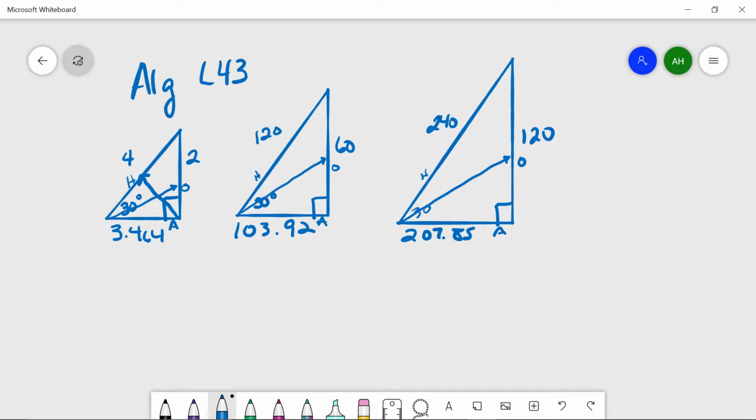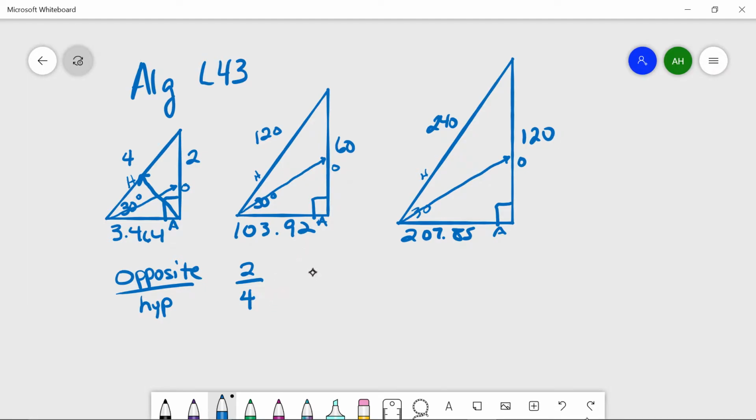Okay. Well, I can create a ratio by taking the length of the opposite, and I can divide it by the hypotenuse. All right, the opposite is going to be 2, and I divide it by the hypotenuse, which is 4, I'm going to get 0.5, right?